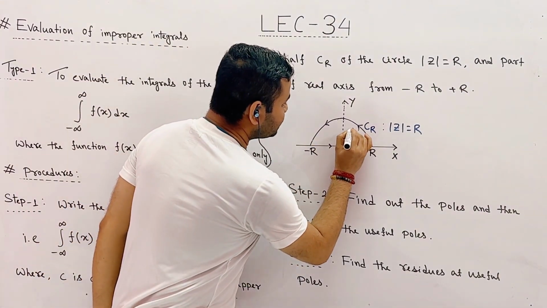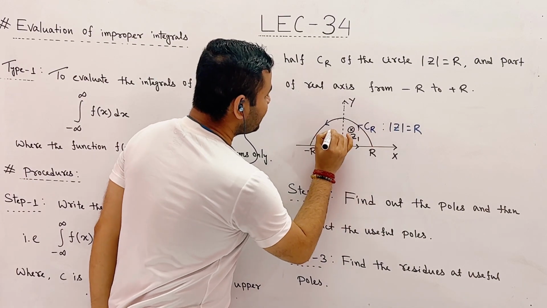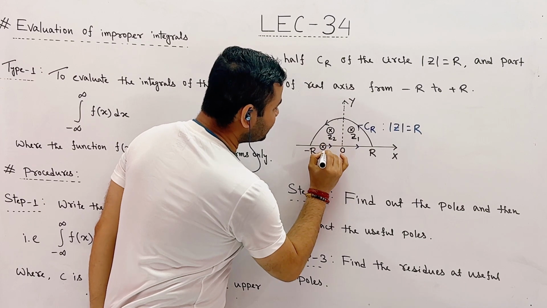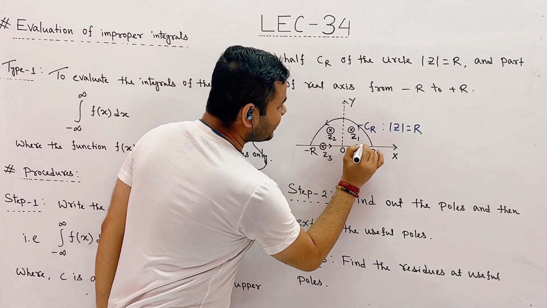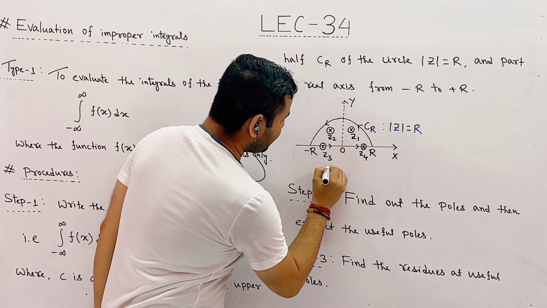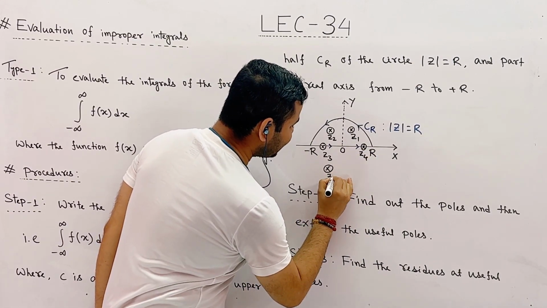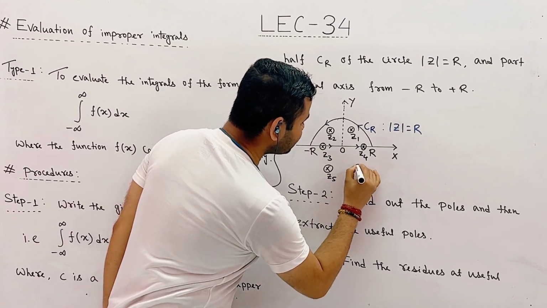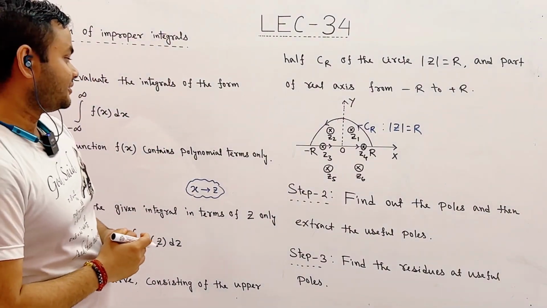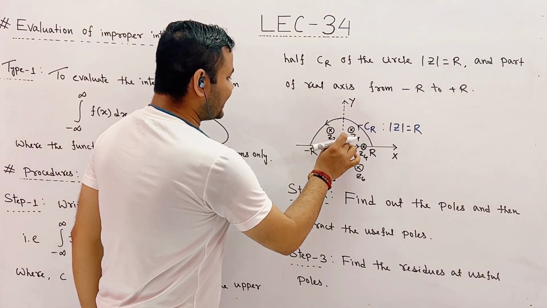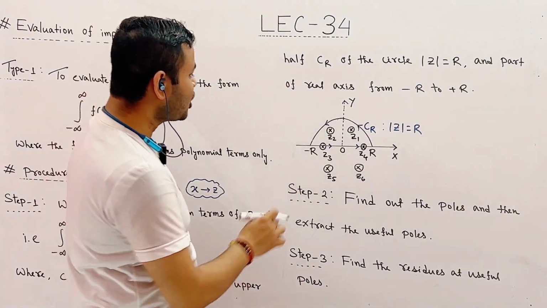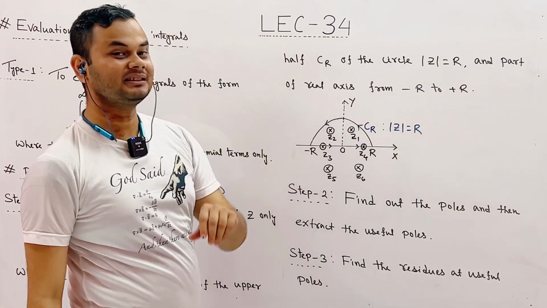The location of the first pole is at this point, the second pole at this point, the third, fourth, fifth and sixth poles at these points. So according to the definition, the useful poles are z1, z2, z3 and z4, because these are the poles that are lying on the real axis and the upper half of the circle.